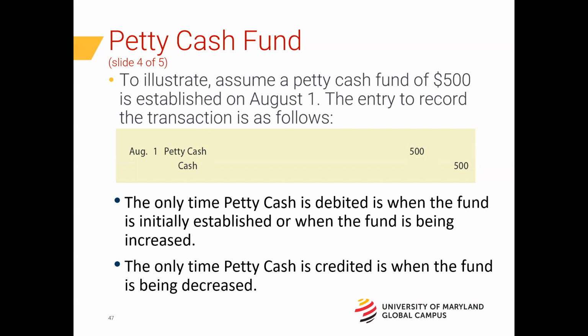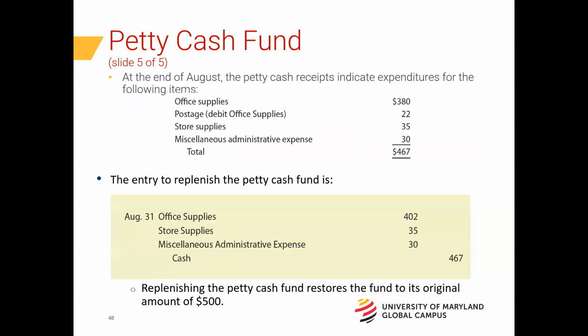To establish a petty cash fund, you debit petty cash and you credit cash. As it's being used, your receipts are entered as expenses and they draw down on that petty cash fund. So here is an example. At the end of that month, when we draw down our petty cash fund, we make a general journal entry, also known as an adjusting entry.